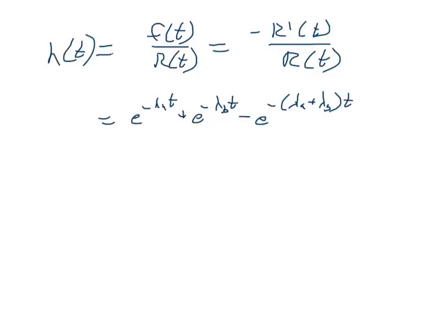So for time equals 0, this is R of t. What is this going to equal? If t is 0, then this whole exponent goes to 0, and these all become 1. So all we end up with is 1 plus 1 minus 1, which is 1.